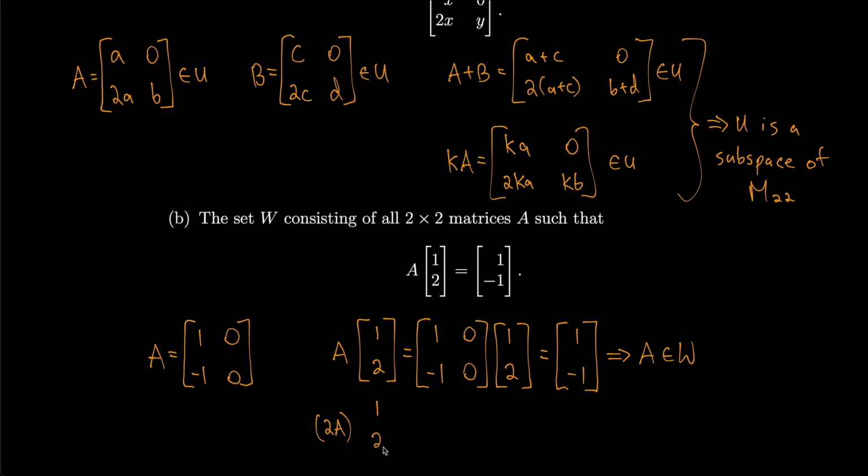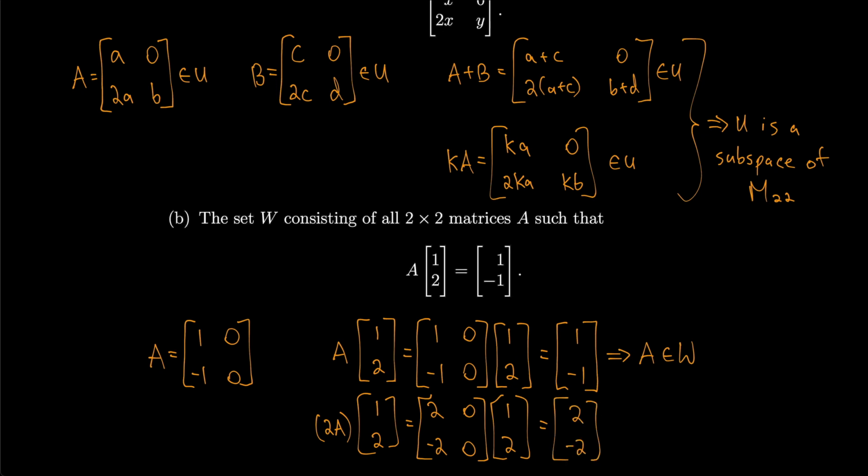So that's going to multiply by 1, 2, and I'll get 2 times A is 2, 0, minus 2, 0, and multiply by 1, 2, and I get 2, minus 2, which is a problem because it doesn't equal 1, minus 1. So this means that even though A was in W, 2A is not in W. So W is not closed under scalar multiplication.